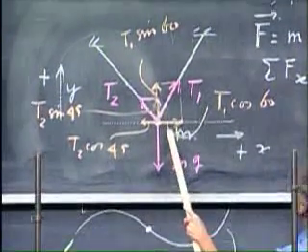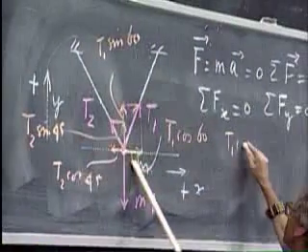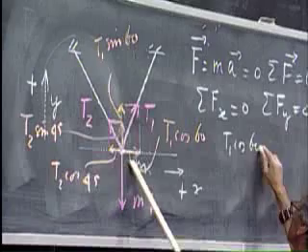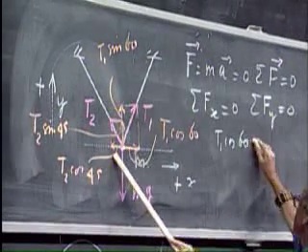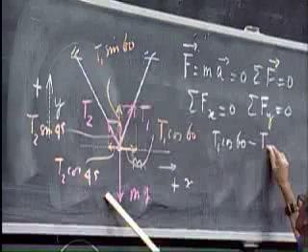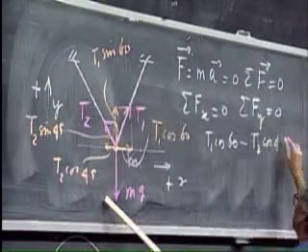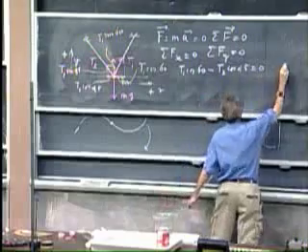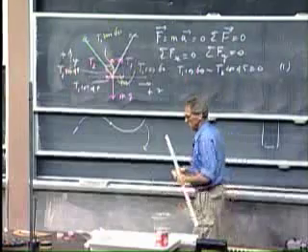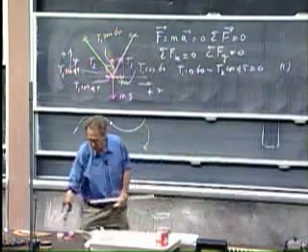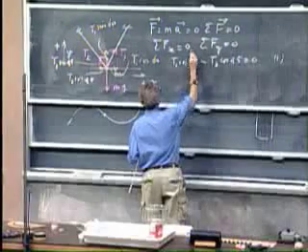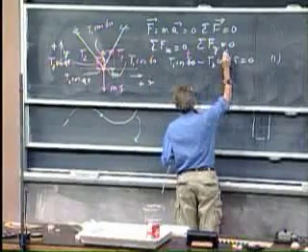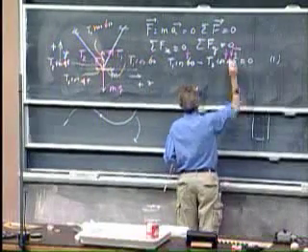In the x direction, I have T1 cosine 60 degrees minus T2 cosine 45 degrees equals 0. That's one equation. The cosine of 60 degrees is 1/2, and the cosine of 45 degrees is 1/2 square root 2.